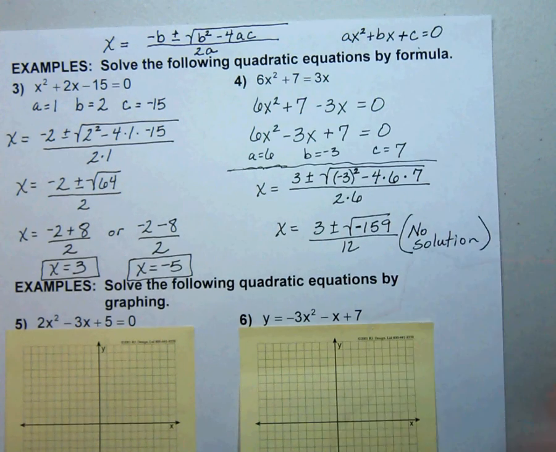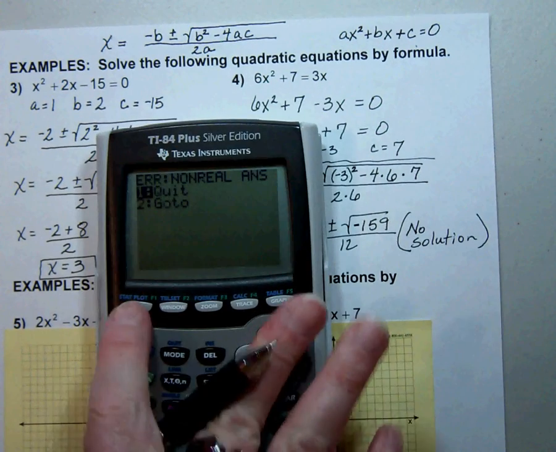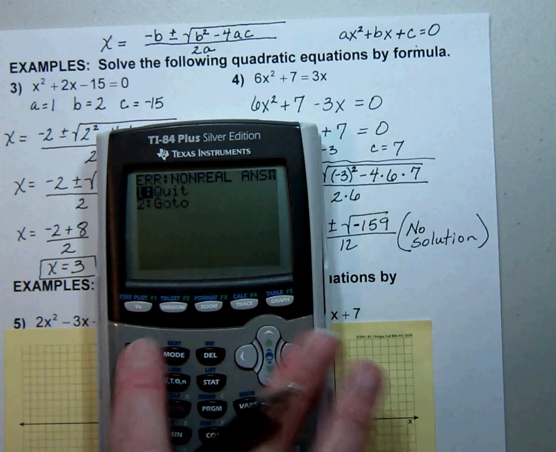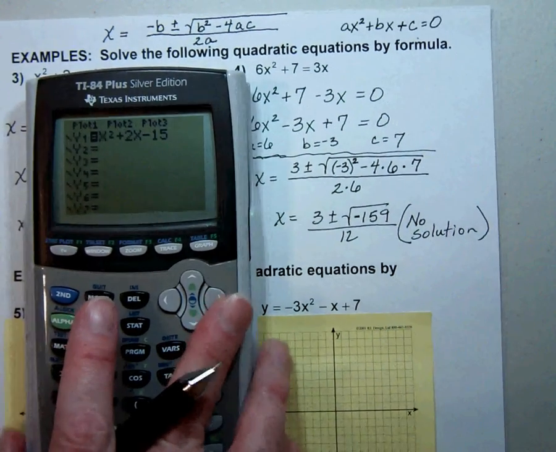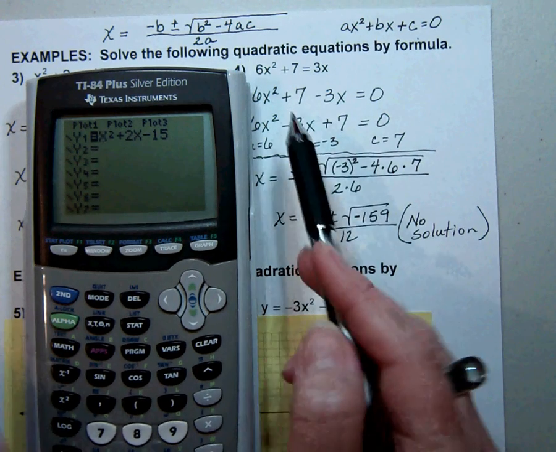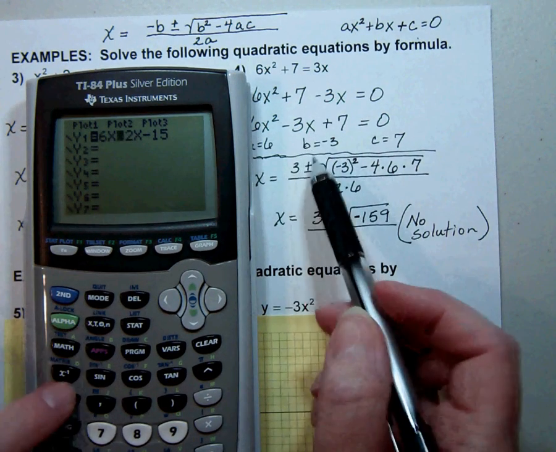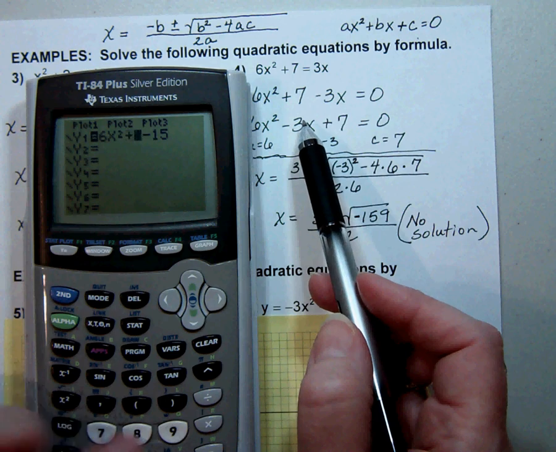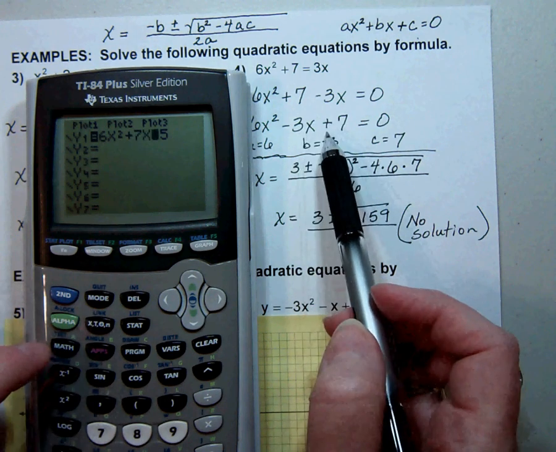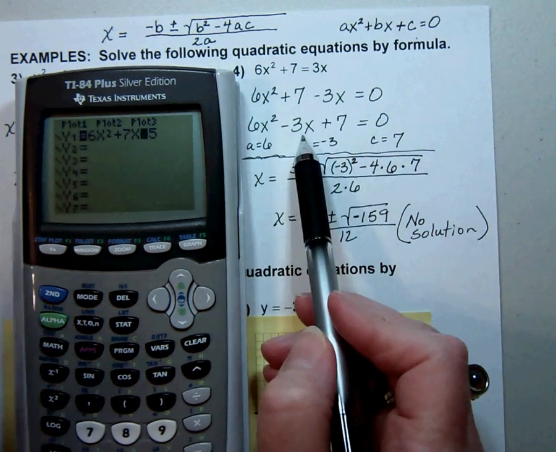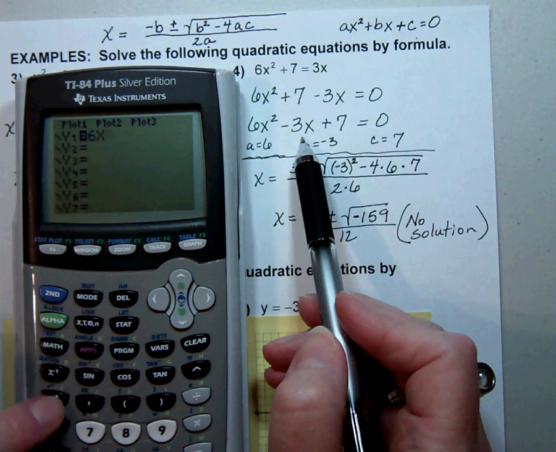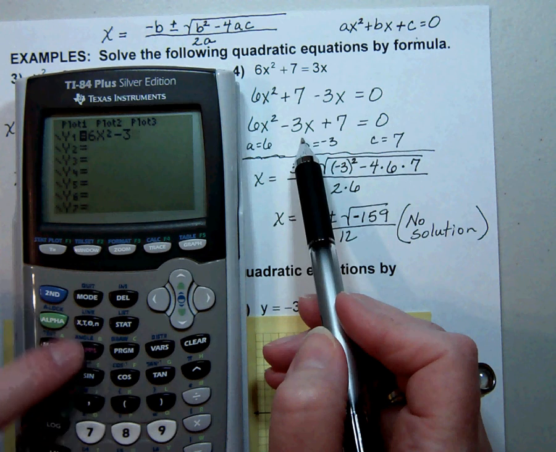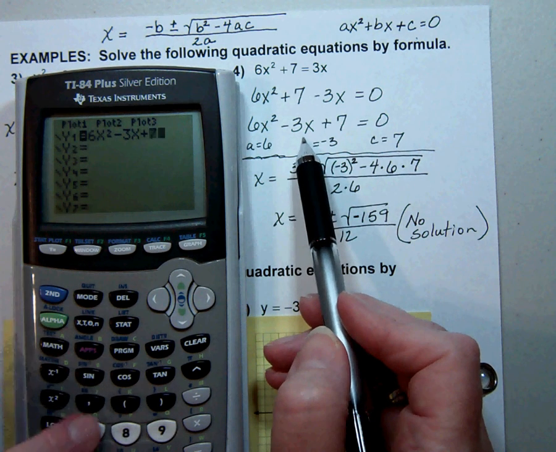I will show you what's going to happen if we put it in our calculator. If we go back and put in the standard form, this one right here, 6x squared minus 3x plus 7.